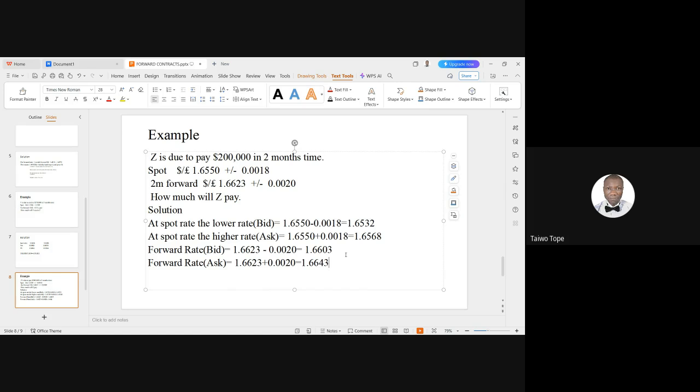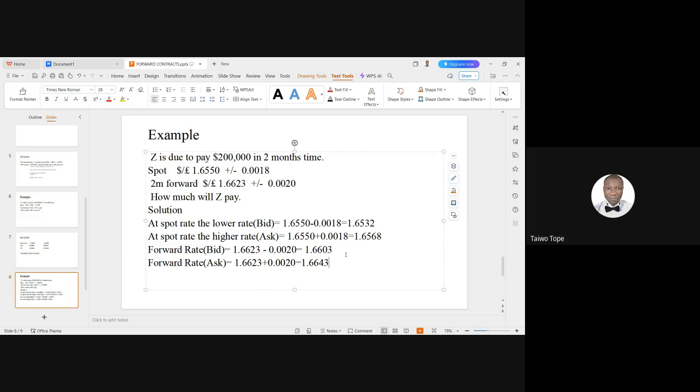So if you are due to pay 200,000 in 2 months' time, based on the expression, you need to buy dollars. Yes. Z needs to buy what? Needs to get dollars. And for Z to get dollars, Z will need to get dollars at what rate?